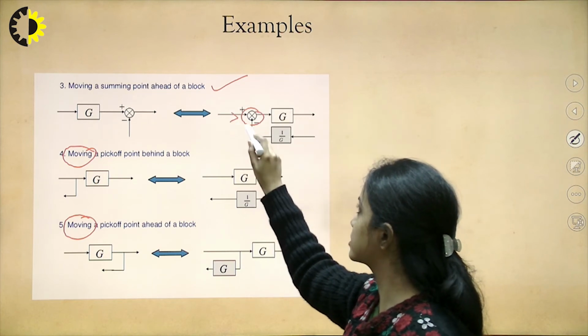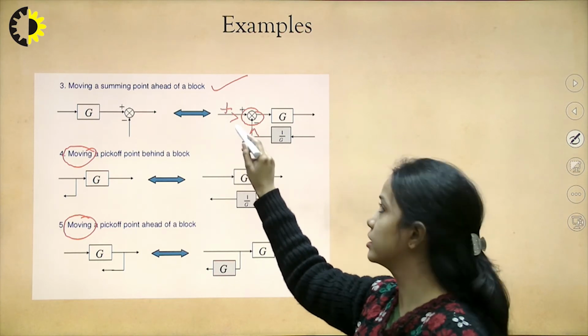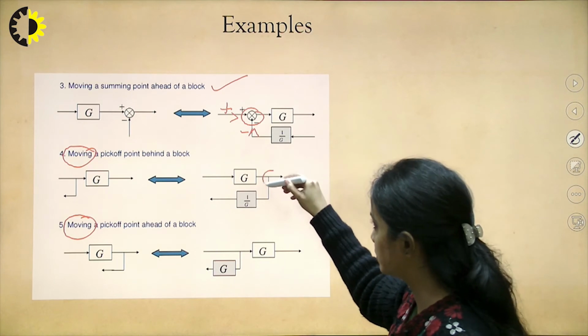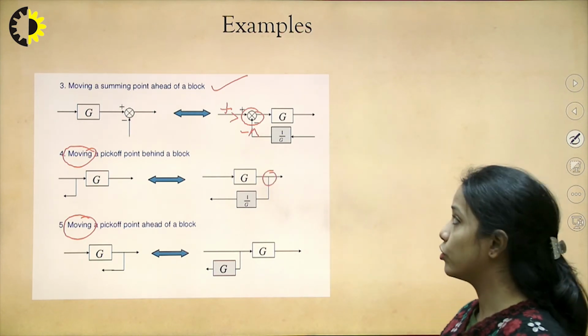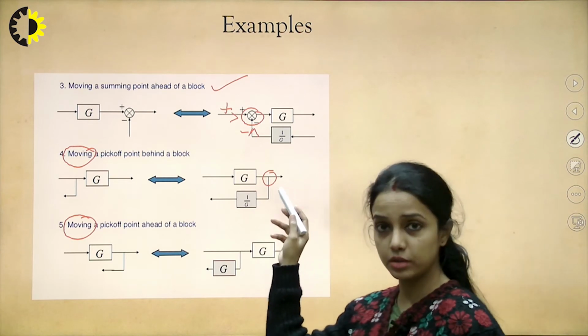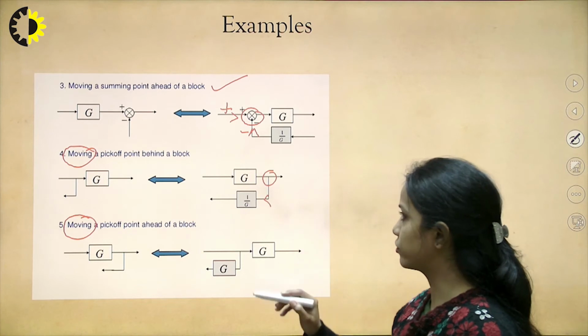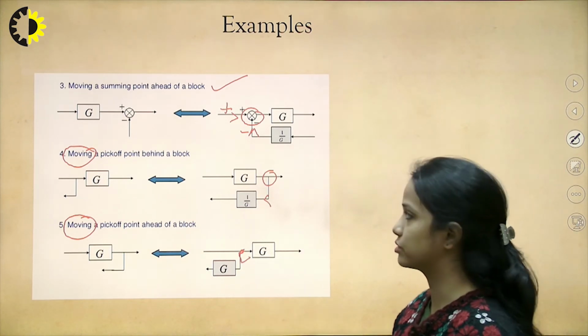We are adding this vector to this vector. Of course, on this side we have a plus sign, and here we have a negative sign. Again, this one is a takeoff point. We are studying different examples. Here it is not a merging action taking place, it is taking off. We are taking off here, and here also we are taking off. So, this is not a summation point.